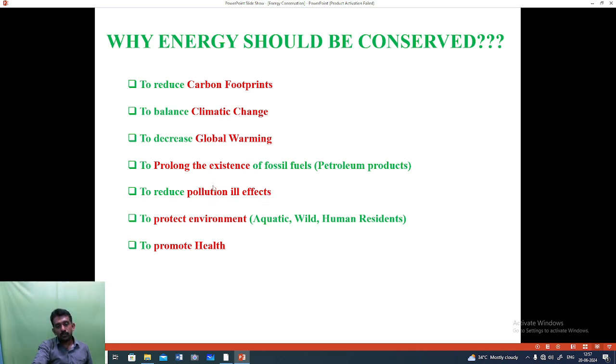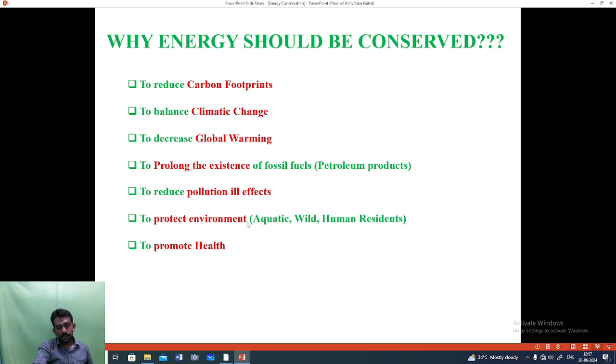If we want to reduce pollution, energy should be conserved. The energy that is being wasted should be conserved in order to reduce pollution and protect the environment. As there are unburned fuels and excess carbon dioxide, definitely when it comes back to the earth, it does so by means of acid rain.